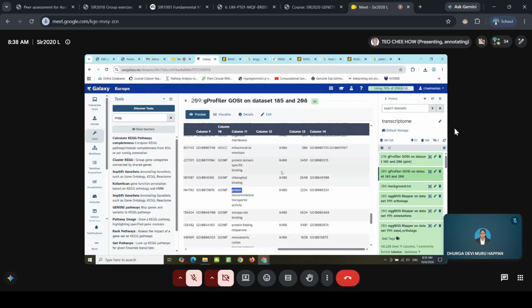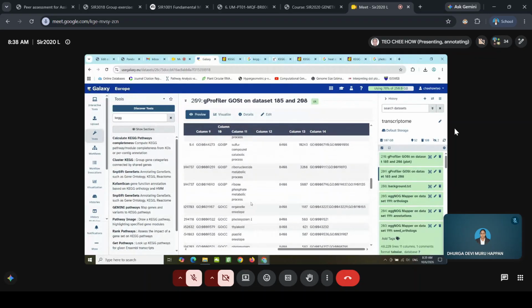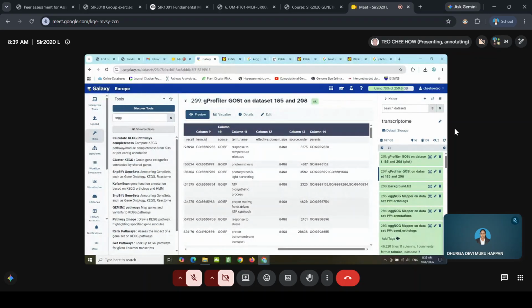You can use g:Profiler, but to find the explanation or supporting evidence to support your claim, sometimes it may not directly show in your result. So you need to try to find the paper to support that.